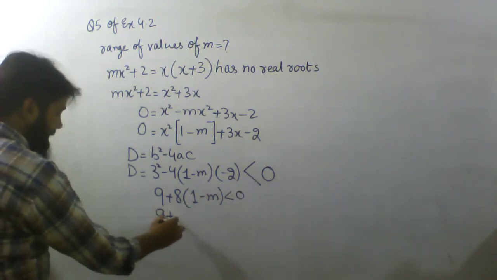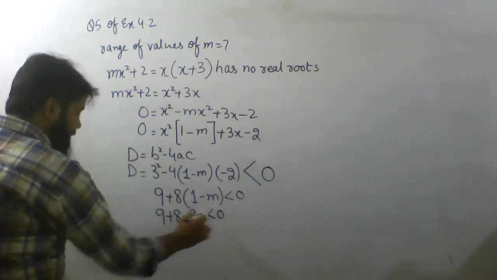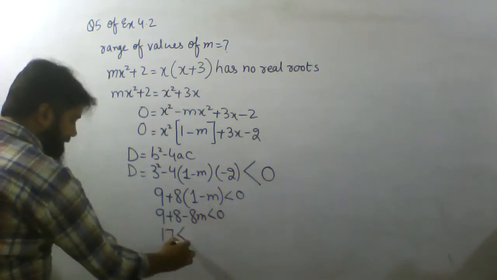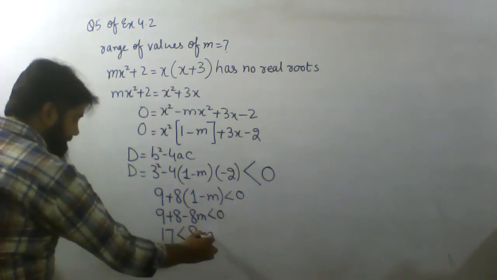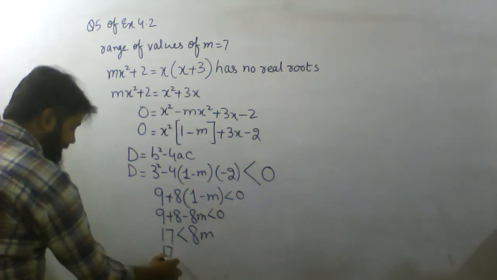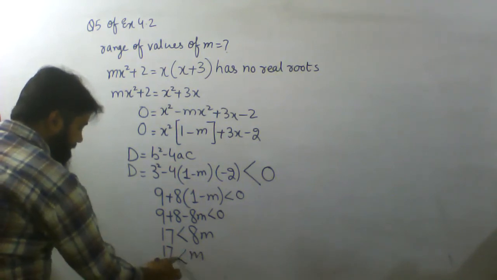Simplifying it, 9 plus 8 minus 8m lesser than 0. So this will become 17 minus 8m; shifted over here it will become plus 8m. 8 is being multiplied. When I shift it over here, 17 over 8 lesser than m.